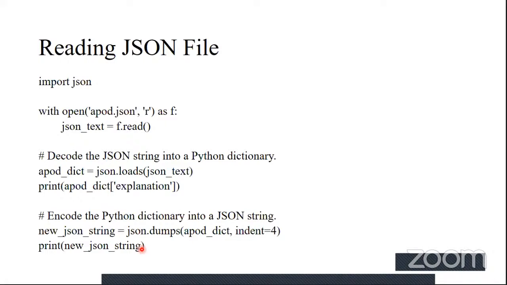Okay. JSON means JavaScript Object Notation. Okay. So that's how it exactly looks. It looks exactly like a Python dictionary. When we go for JSON, this JSON is a kind of file format.